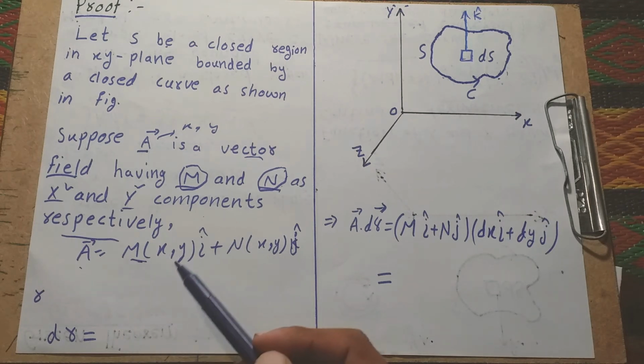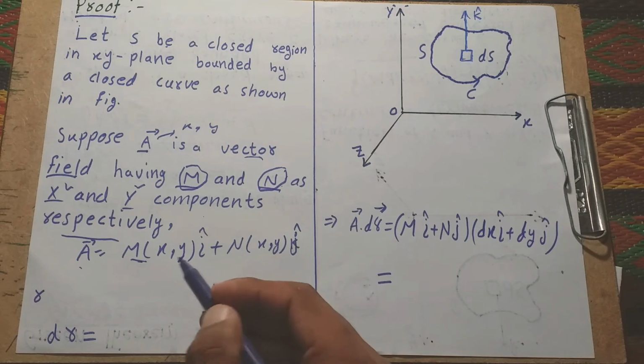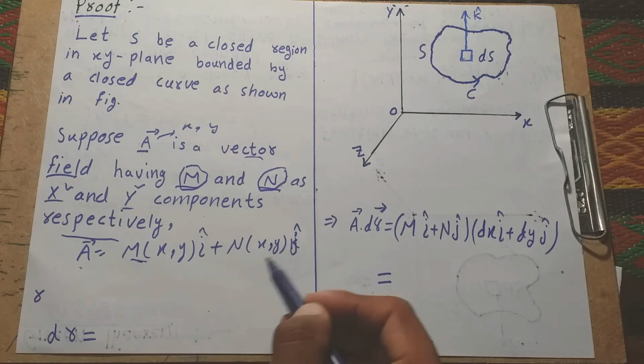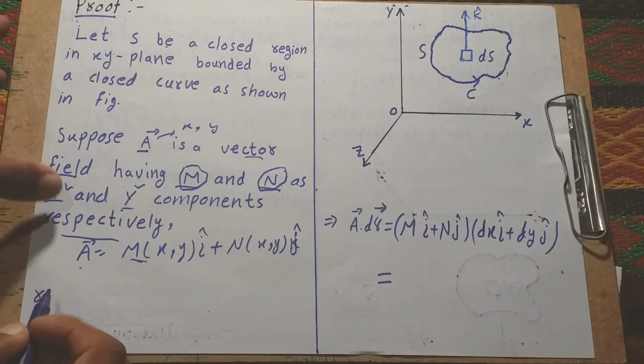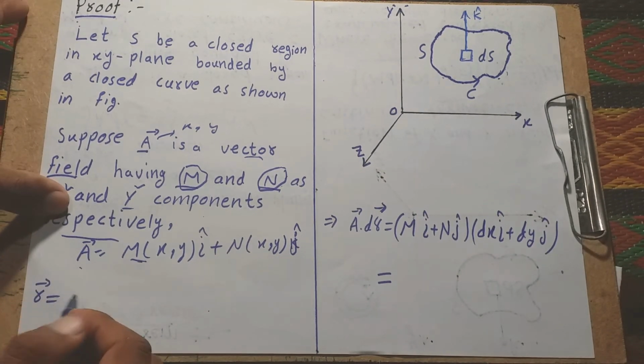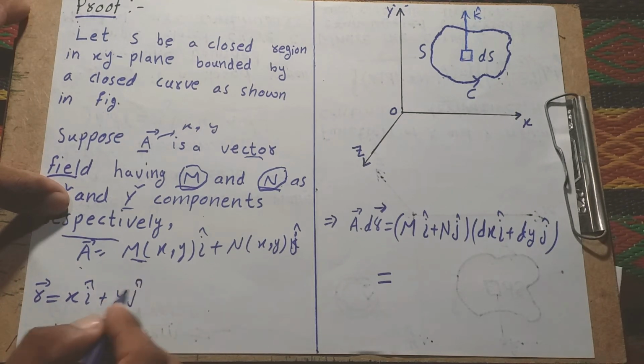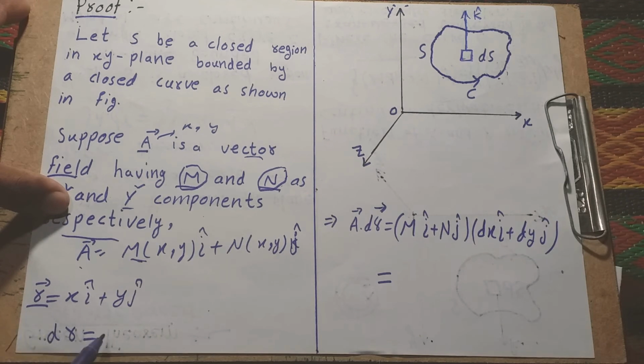If x and y change, then M and N also change. And r is a position vector. The unit vectors also exist in two dimensions, x and y directions, and we know what the derivative of the position vector is.